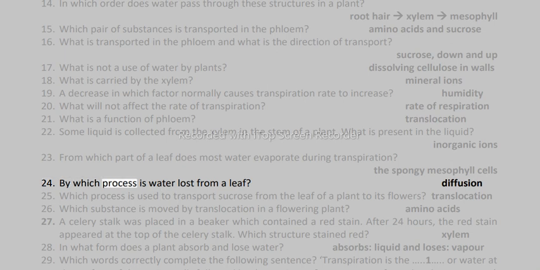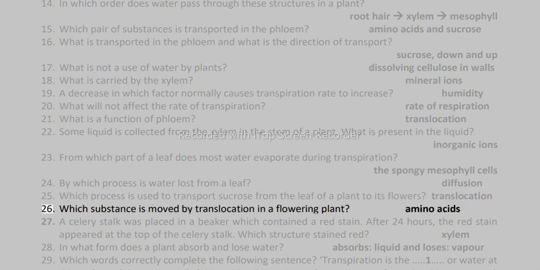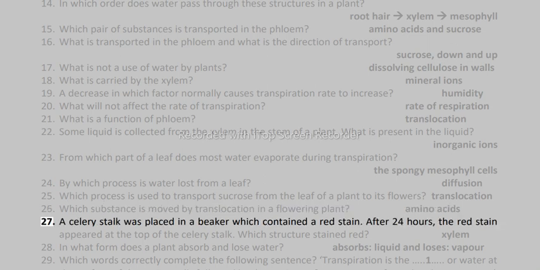By which process is water lost from a leaf? Diffusion. 25. Which process is used to transport sucrose from the leaf of a plant to its flowers? Translocation. 26. Which substance is moved by translocation in a flowering plant? Amino acids.